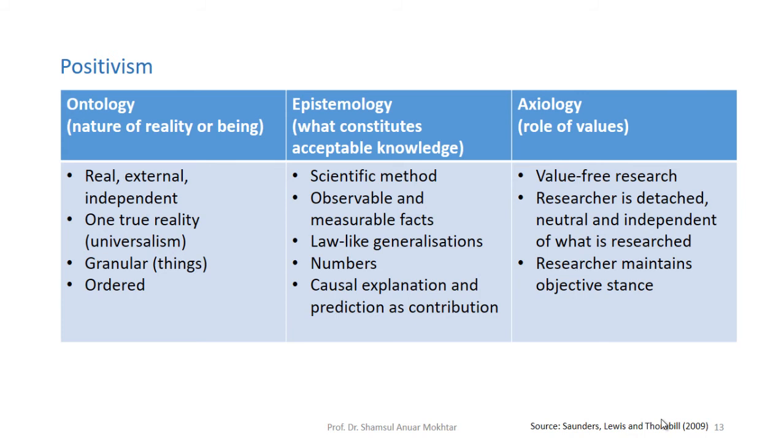There is only one reality, that is the temperature, although you use different thermometers, and even if it is taken by different people. So it must be observable and it must be measurable.